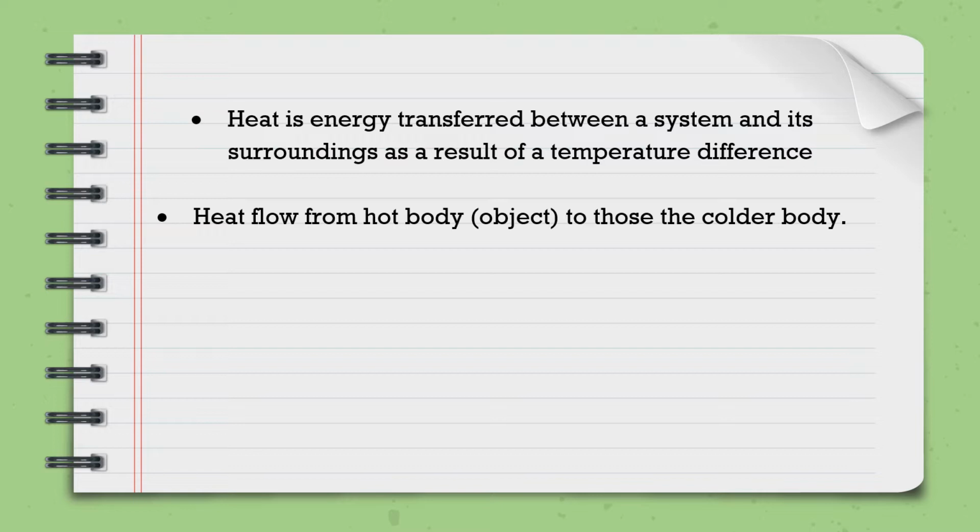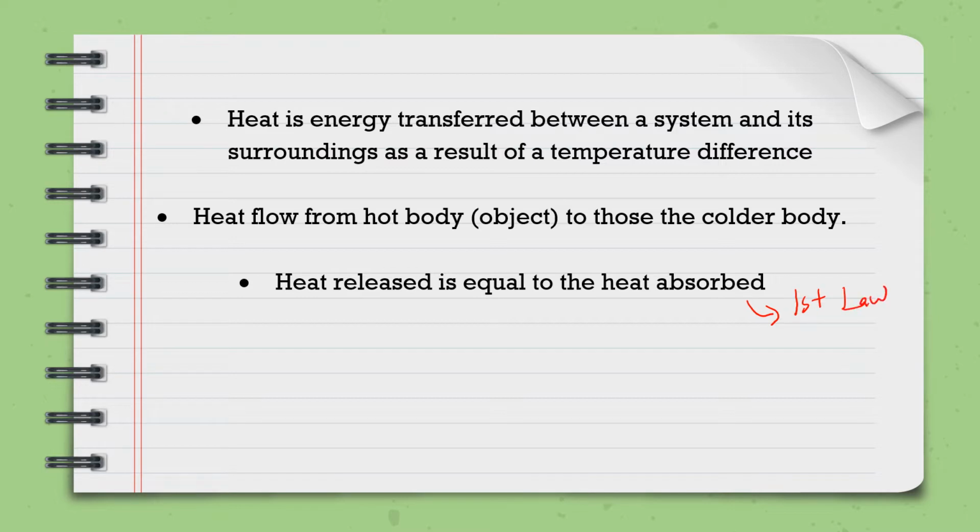So heat release is equal to the heat absorbed, because why do we say that heat release equals heat absorbed? We are following one law. The law that we follow over here is what we call the first law of thermodynamics.